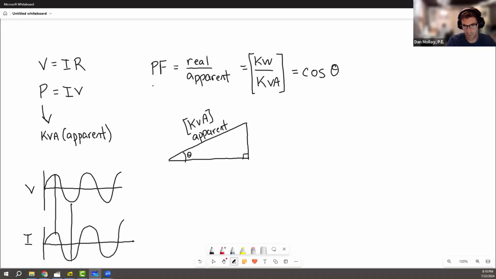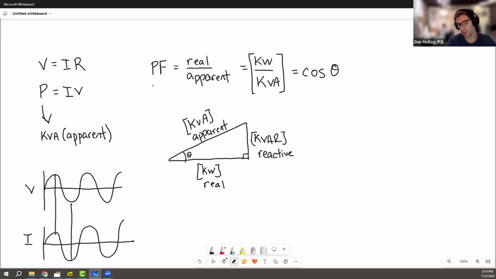So the kVA is the apparent power. The kW is the real power. And the reactive power, kVARs, is what goes across from the angle. This is the reactive power. So when we say we have a fully resistive load, that means there's no reactive component.